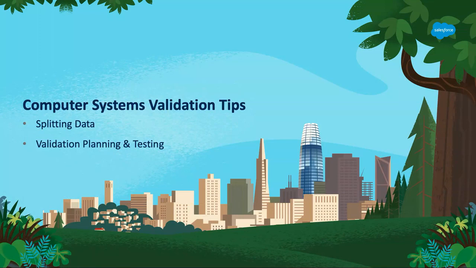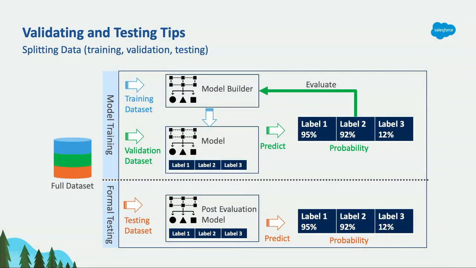So a couple more things we need to talk about in our last 5 minutes are related to computer systems validation. We'll start with the concept of splitting data. I didn't mention this earlier, but when Einstein's going through its training process, it took your data set and split it for you.